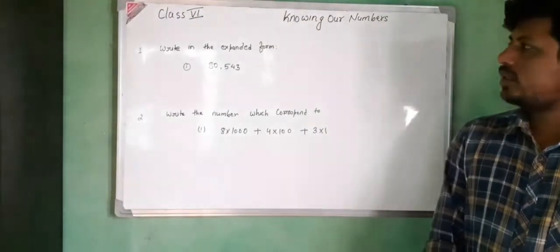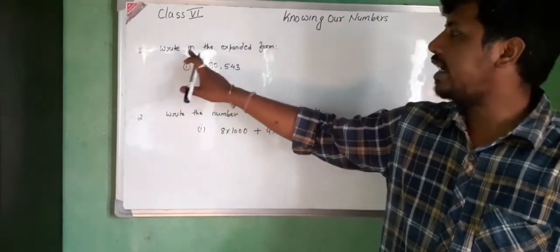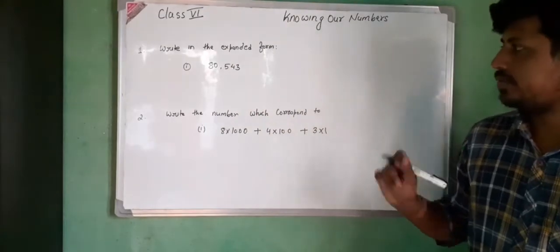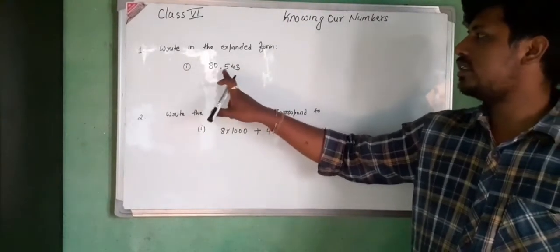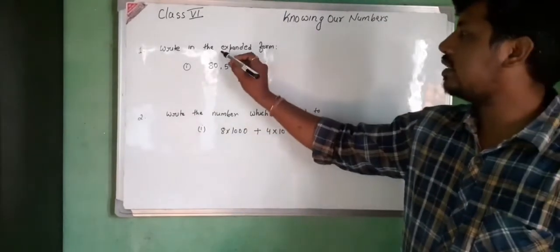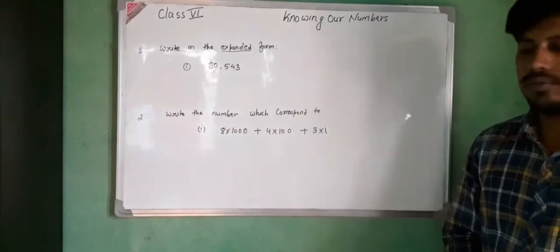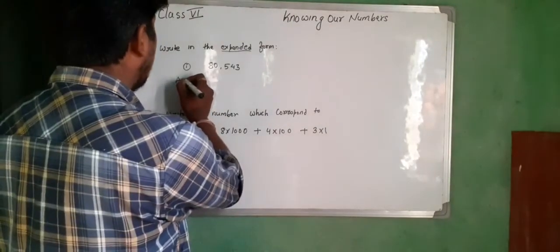Now I am here with a few questions. Number one, write in the expanded form. The number given is 80,543, and we have to write it in expanded form.